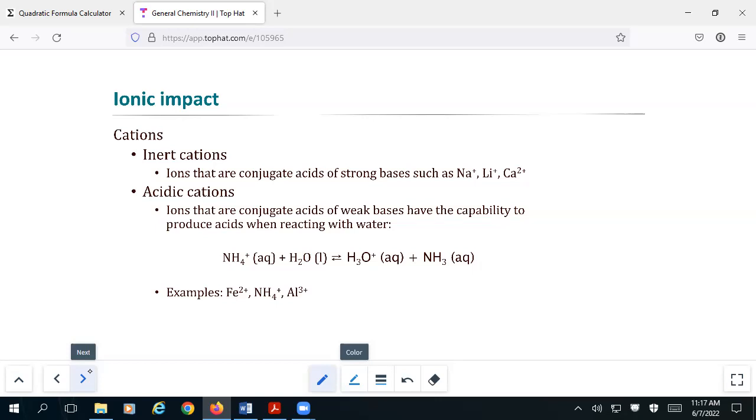Those that are acidic are going to be acidic for one of two reasons. Either as conjugate acids of those nitrogenous bases, we're going to see that basic character of ammonia or pyridine or quinoline or whatever that organic nitrogen compound is. Its basicity is going to have a direct impact on the acidity of its conjugate. The more basic it is, the less acidic the conjugate's going to be.